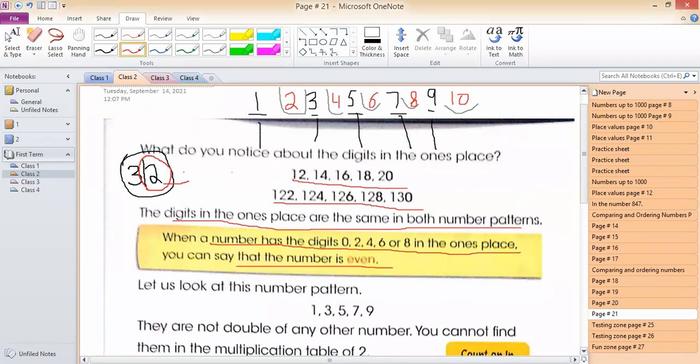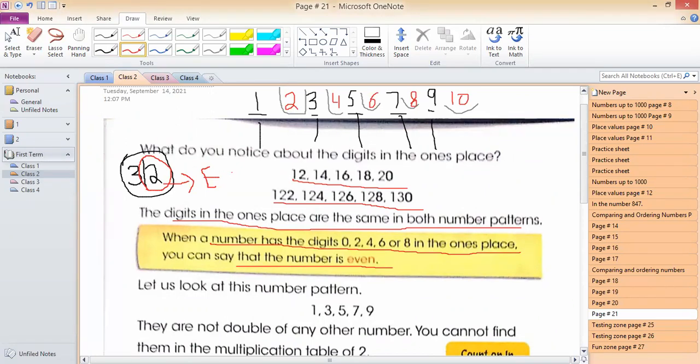That's why 32 is an even number. Because 2 is the last digit, that's why you will say 32 is an even number.